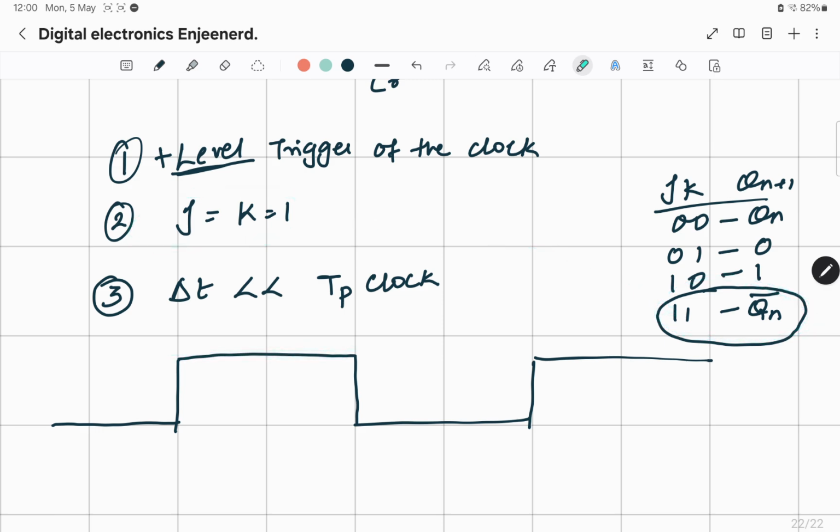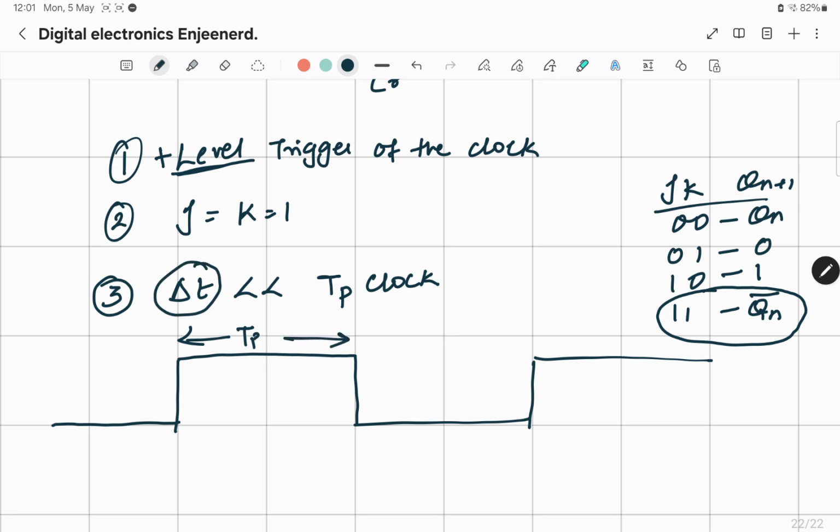Let us assume that at one condition, the output Q is equal to 0. My clock pulse arrived, positive level. Now the output will come. This is your Tp, and what is delta t?